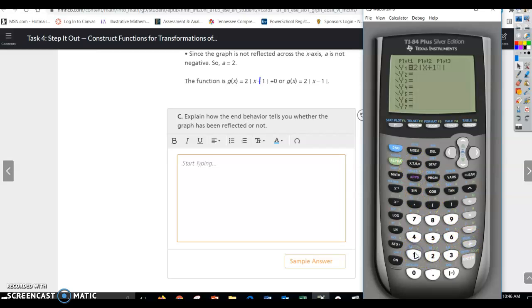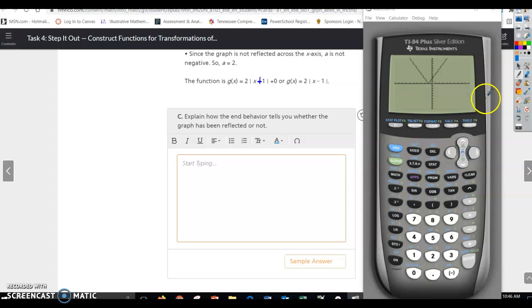And again, remember the x plus 1 comes from the minus 1. And then plus 0, it's not shifted up or down at all. Then you can hit graph. You can see that that is the graph of the function that we had above. So just make sure you see that they did have that incorrect here.